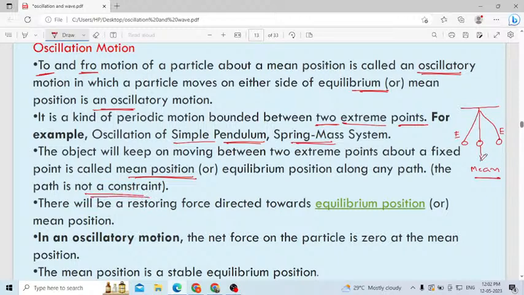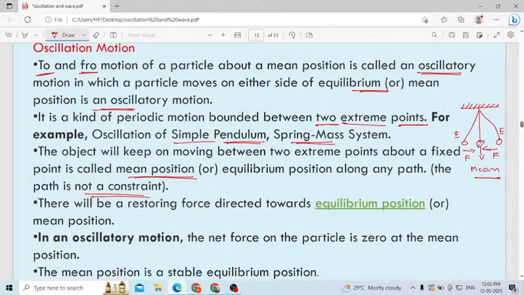Mean position and equilibrium position are the same. There will be a restoring force directed towards the equilibrium position or mean position. Already I told you the restoring force will be towards the mean.